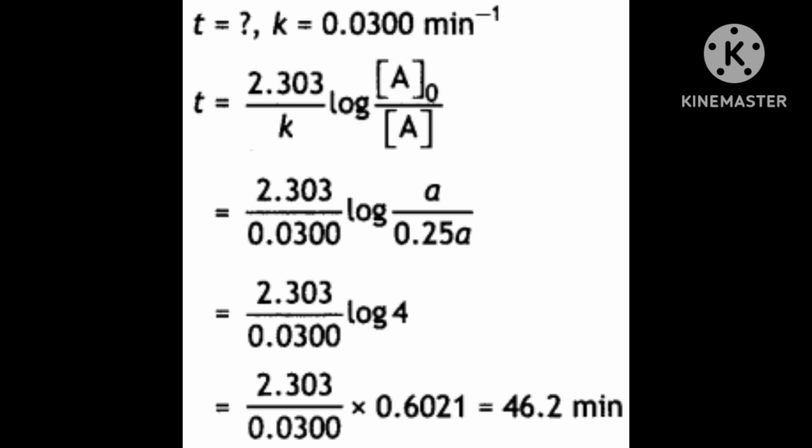Now you know the partial pressure of gas A, and you want to calculate the K value. You already know how to derive the K value; the formula is the same. K is equal to 2.303 divided by T. Either you write only T or T2 minus T1, same thing.